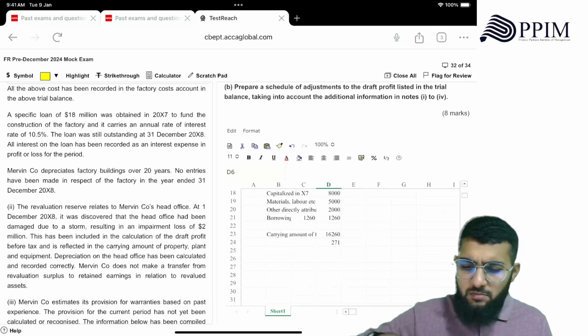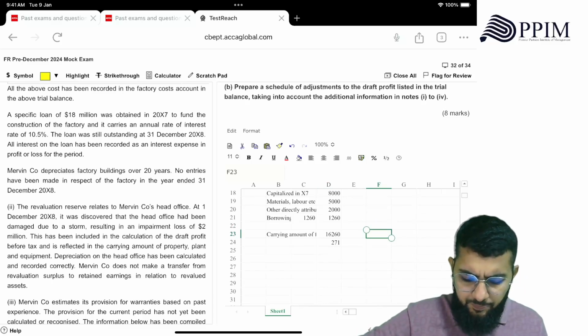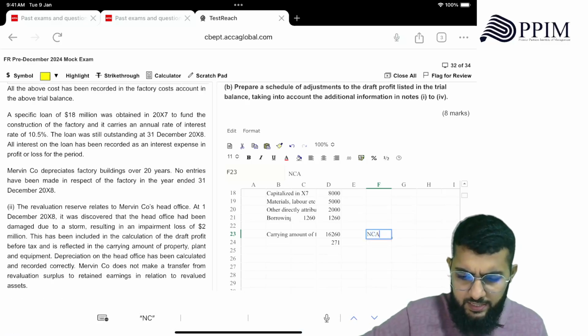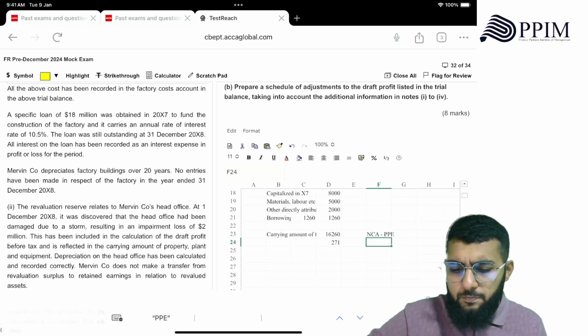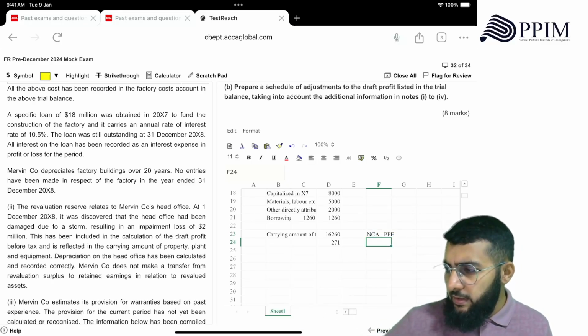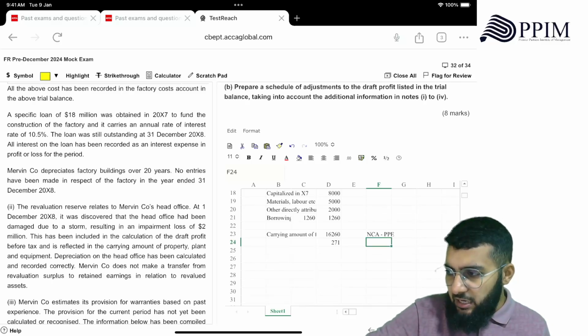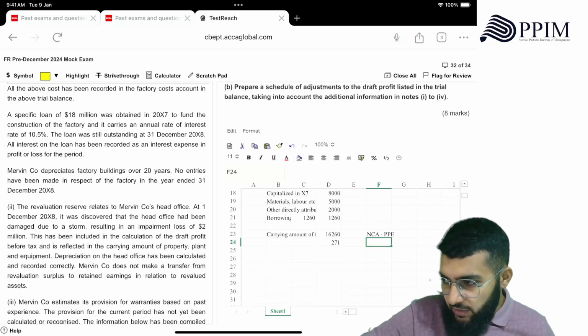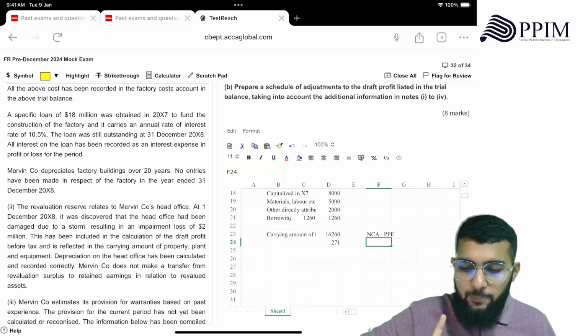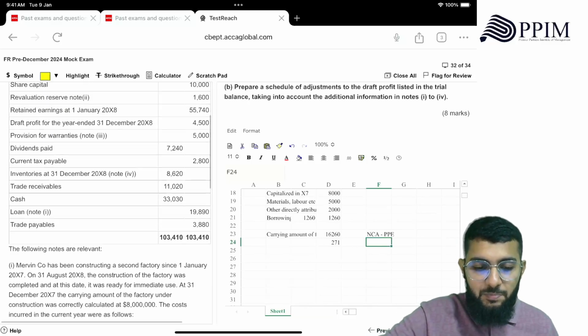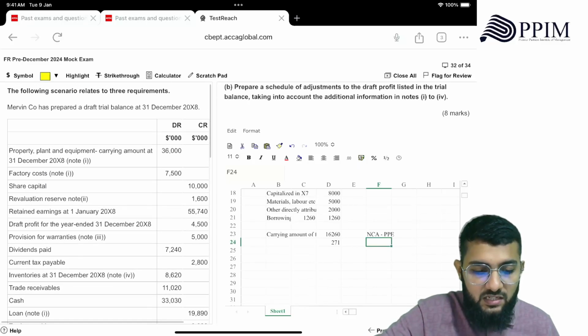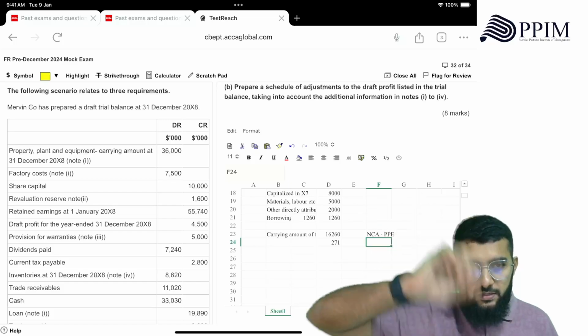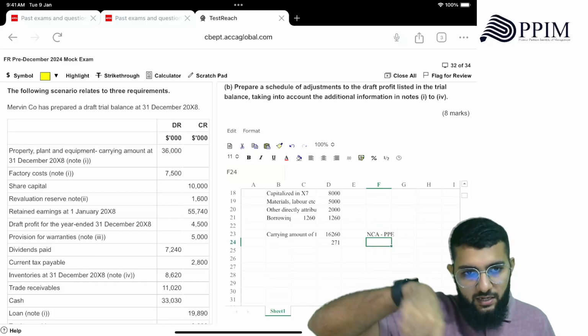Right. Now tell me, how is this going to be affecting my SOFP, non-current asset, PPE, right? Non-current asset, PPE. So here I'll be taking 16,260 minus 271 as one of my property plant equipment answer, but there is a PPE given here apart from that, 36,000. 36,000 plus 16,260 minus 271.